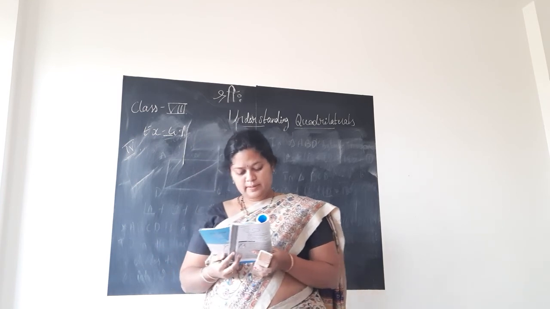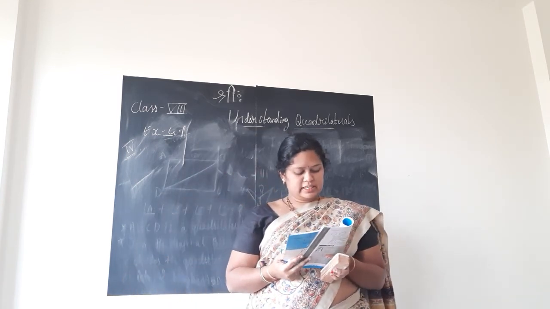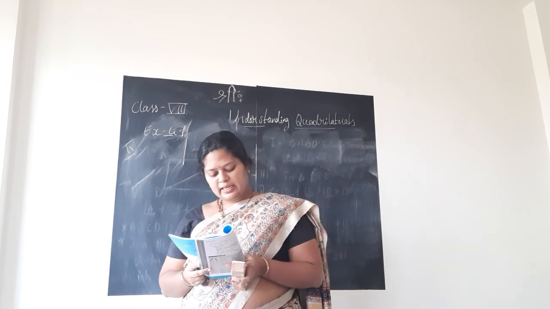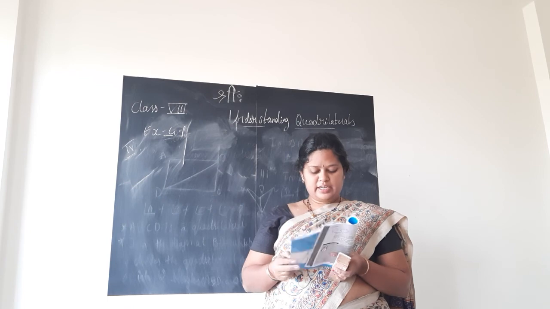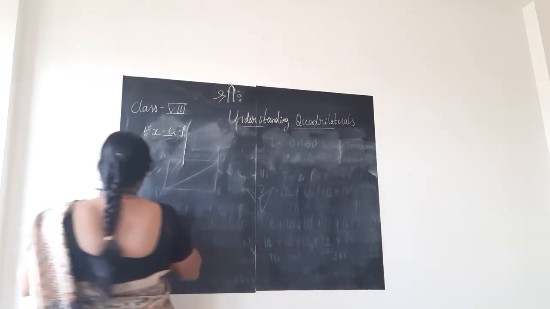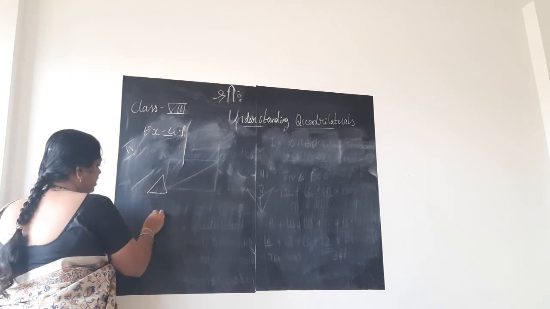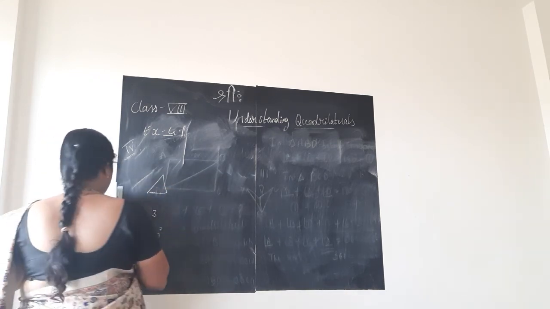First figure you can see a triangle. How many sides does it have? It has 3 sides and 3 angles, and by angle sum we know it is 180 degree.